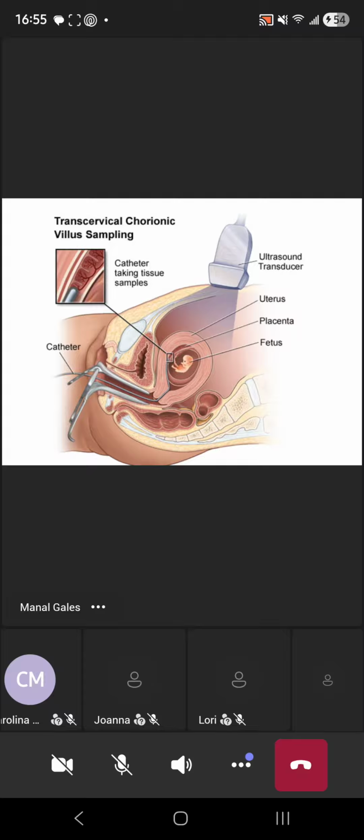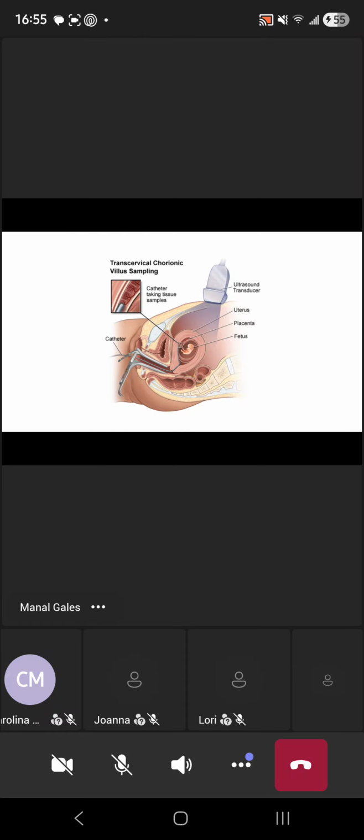Chorionic villi develop into the placenta. So they take a sample from the chorionic villi under ultrasound guidance. It gives an idea about some genetic disorders. It is safe to be done at 10 to 12 weeks.